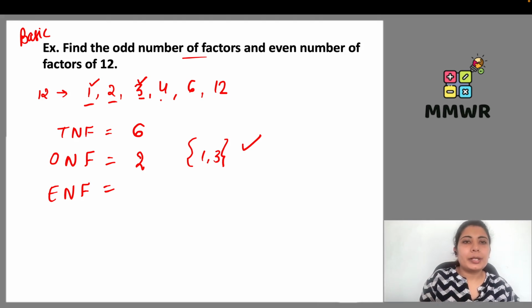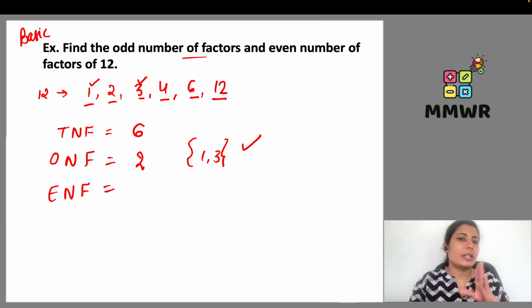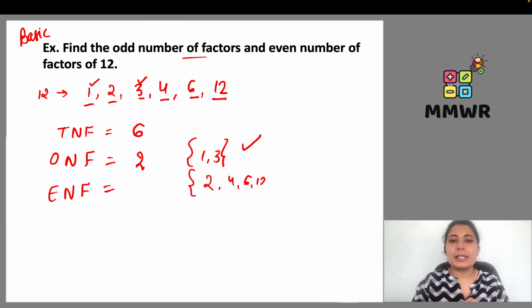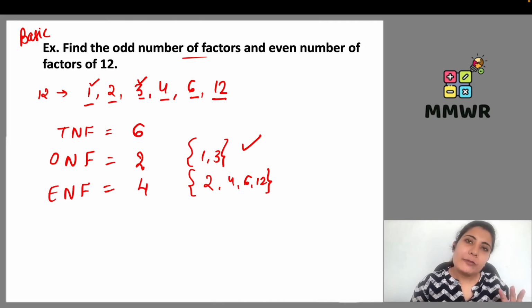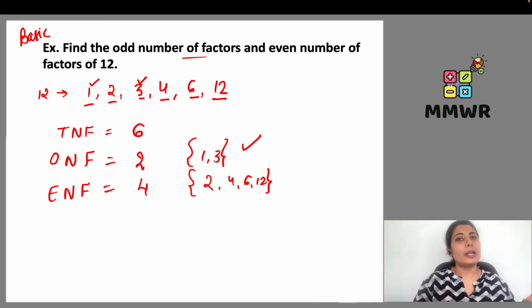And for even numbers, you will be counting the even ones. कौन कौन से even हैं? 2, 4, 6 and 12. These four of them are the even number of factors. So out of 6 factors, 2 of them are odd and 4 of them are even numbers.